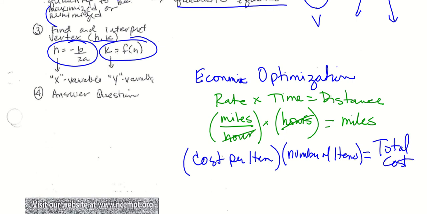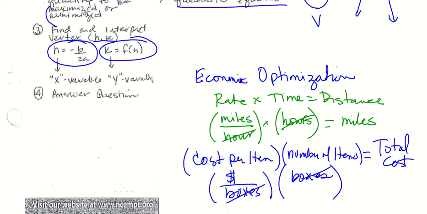So if, for example, we had a cost per item in, let's say, dollars per box. So our items are boxes, so dollars per box, and we multiply that by a number of boxes. Unit analysis would divide out those boxes, and what we would be left with is dollars.